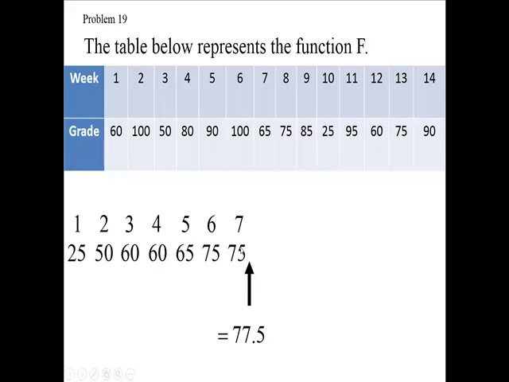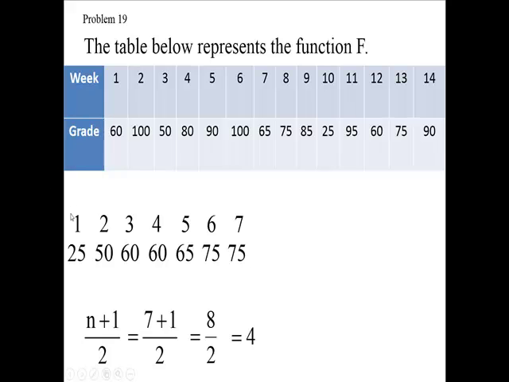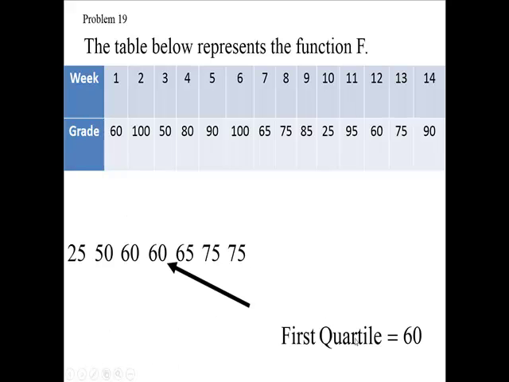To find the first quartile, you would take 7 plus 1, n plus 1, remember n plus 1? That's going to give me 8, and so it's right there at the fourth score. 1, 2, 3, 4, 60 is that first quartile.